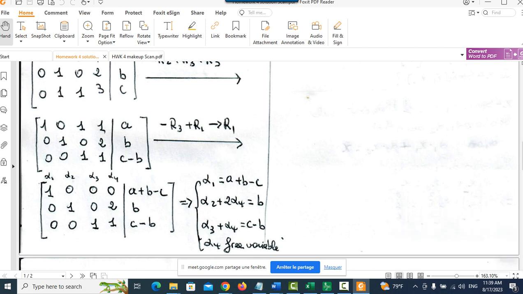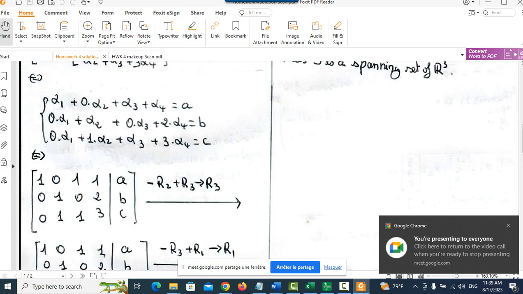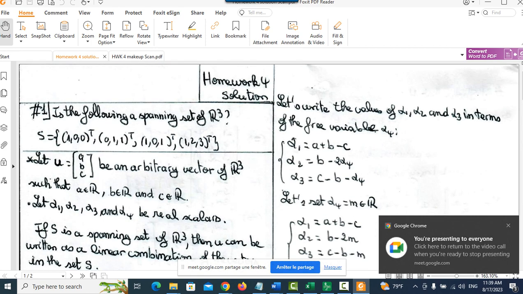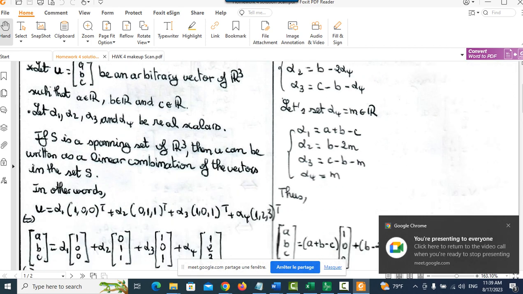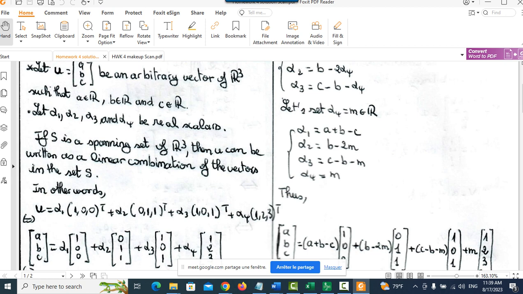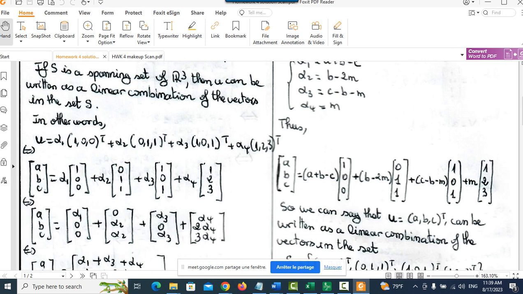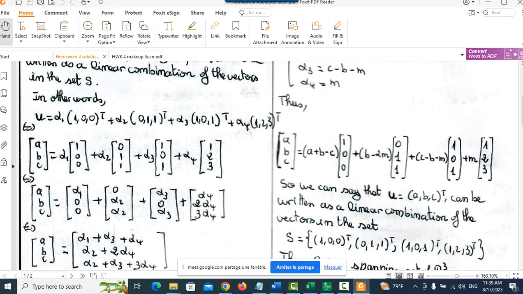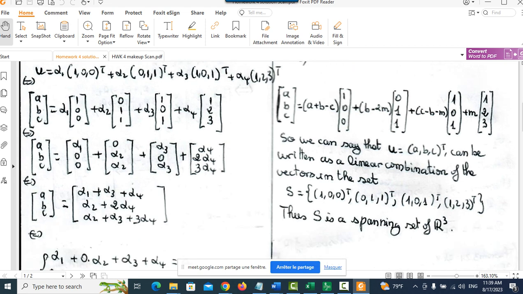So we set alpha 4 equal to m, and then we write everything in terms of the free variable, and we have this. So here we can see that we can write any arbitrary vector from R3 as a linear combination of the vectors that we were given in the set.